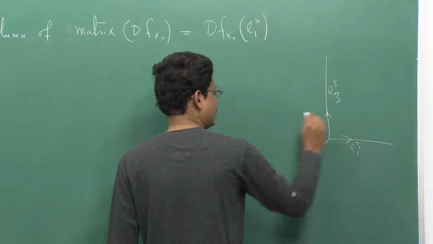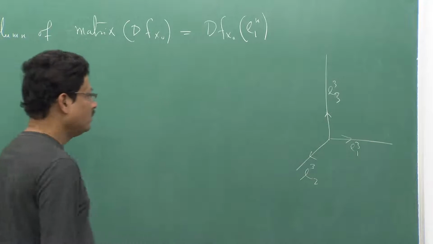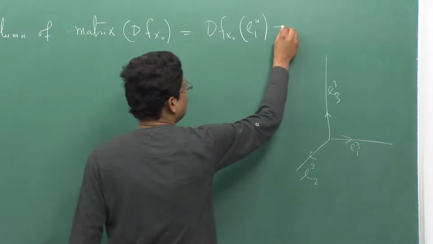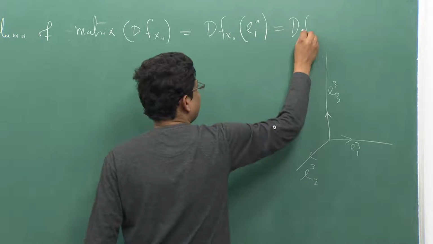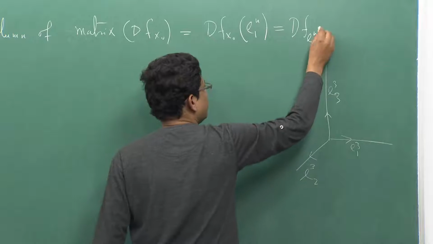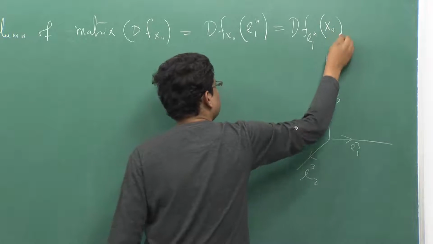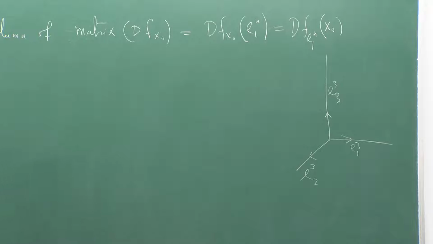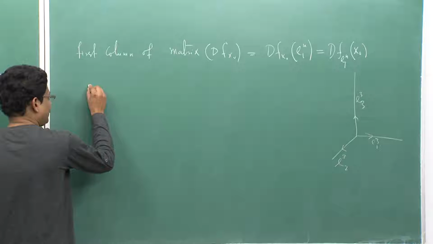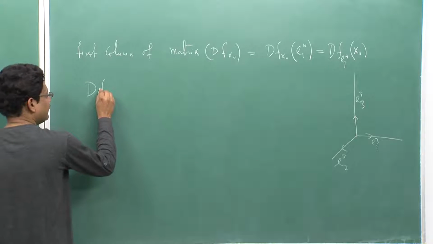And you know this will be equal to the directional derivative in the direction e1 n at the point x naught. Remember, we have proved it in the last lecture. So, what is this? Now, I apply the definition.